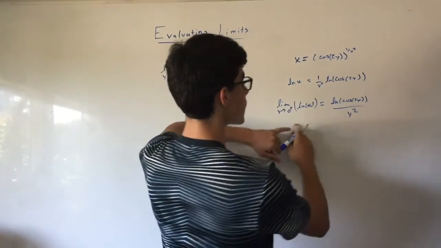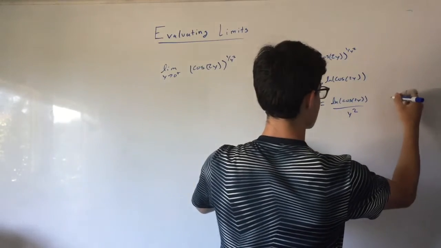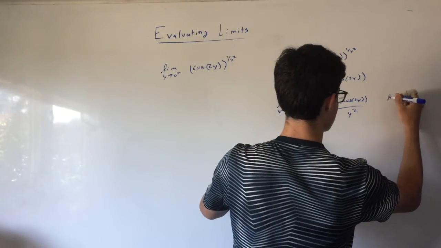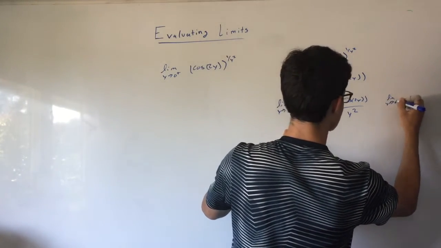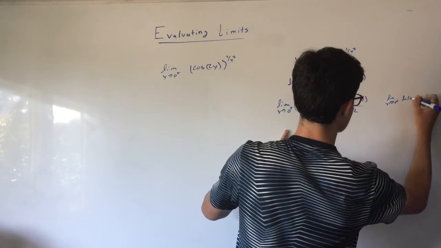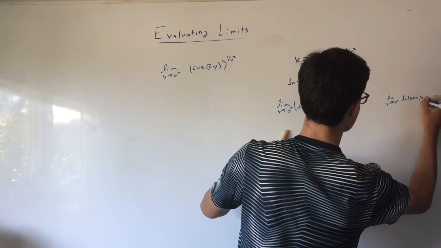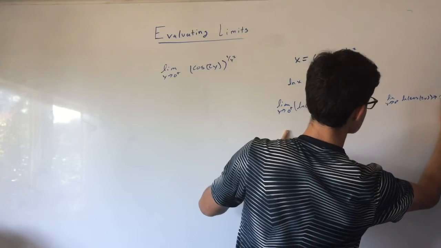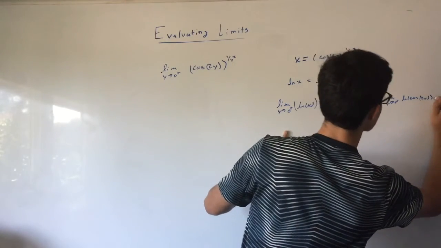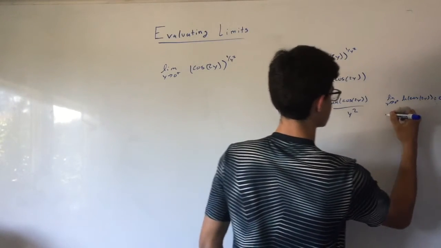And if we plug in y top and bottom, the limit as y approaches 0 from the right of ln cosine of 2y is 0. Sorry, and same thing for the bottom.